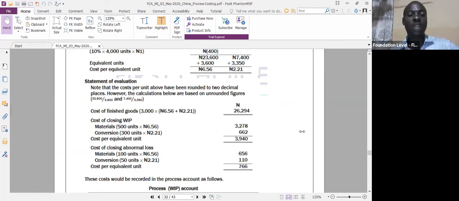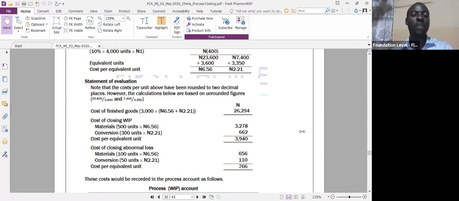Then we do that of work in progress. In work in progress, we have 500 units there. It's complete for material and the price is there. In conversion, the equivalent unit of that 500 is 300 and it costs you 2 naira 21 kobo.